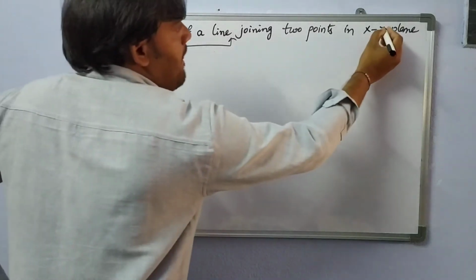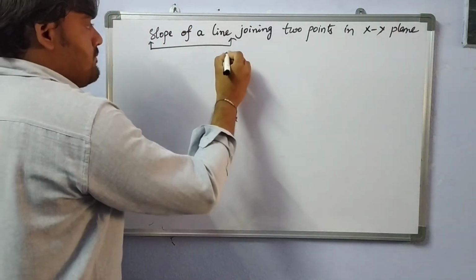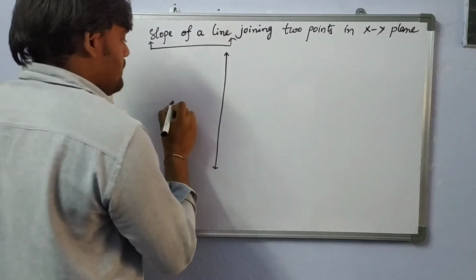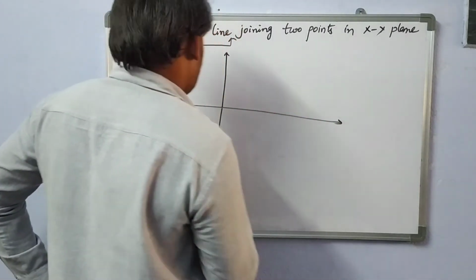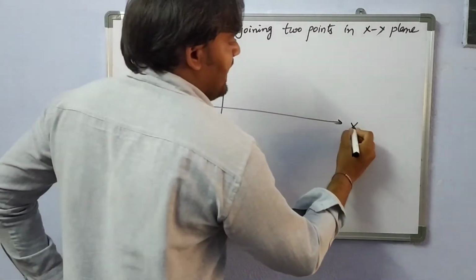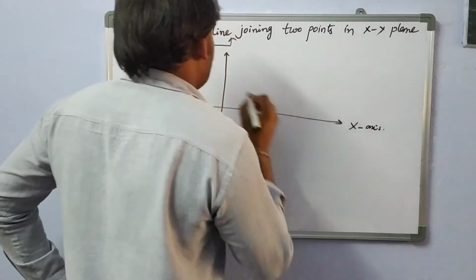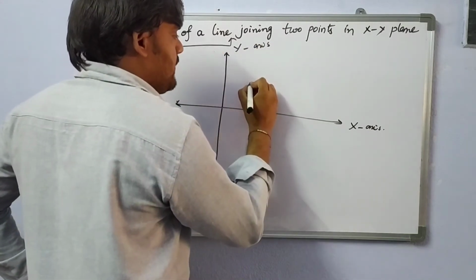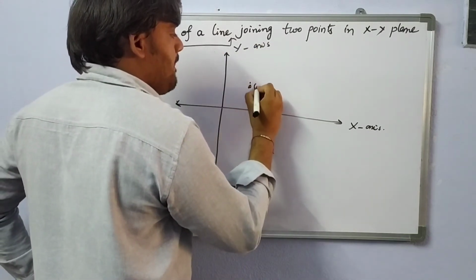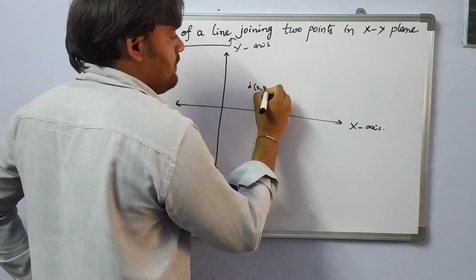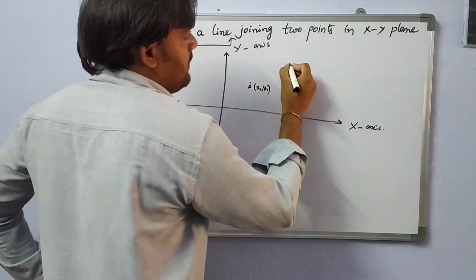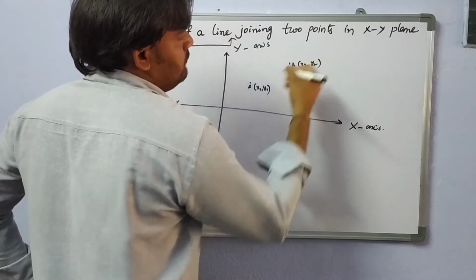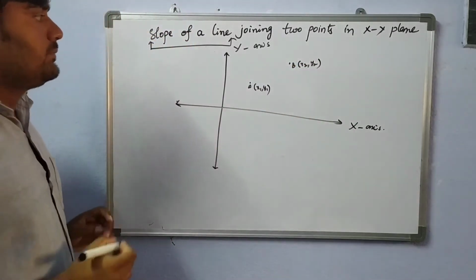See, this is the x-axis, this is the y-axis. One point A, x1 comma y1. Another point, take this as B, x2 comma y2 in the xy plane.